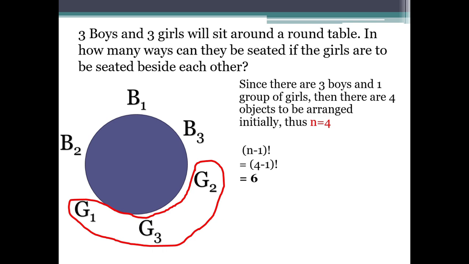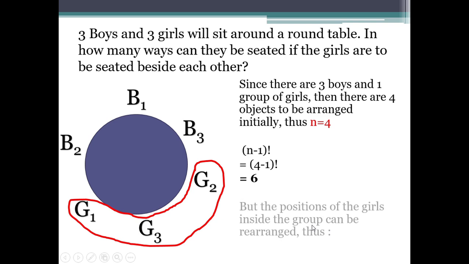Now, since the girls in the group can be rearranged, girl 3 can be here, girl 2 there, and so on. That means there is rearrangement within the group. So we can use 3 taken 3 or n factorial. We have 3 factorial, which is 6.